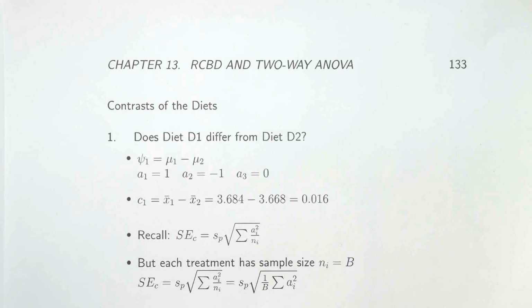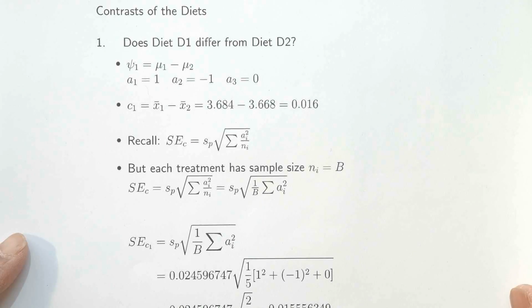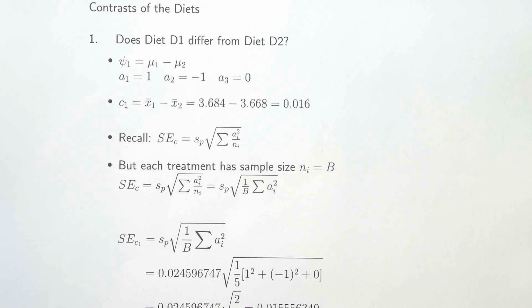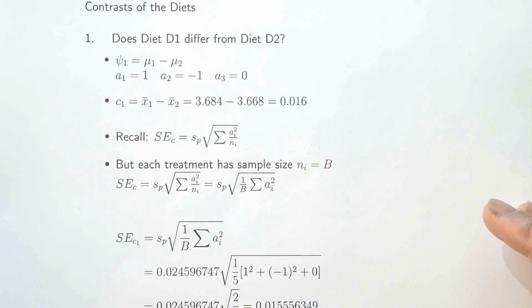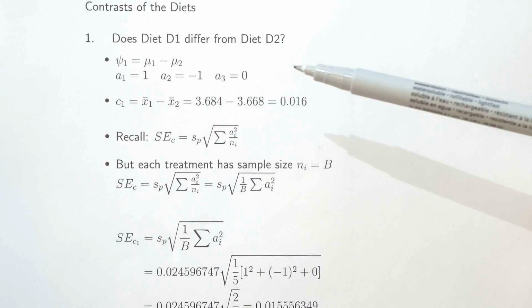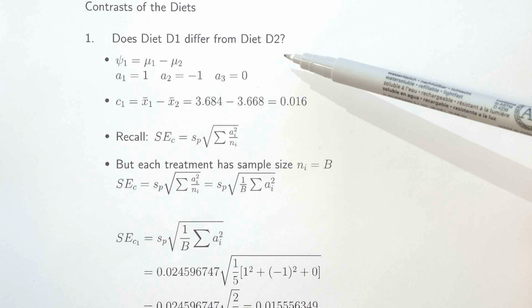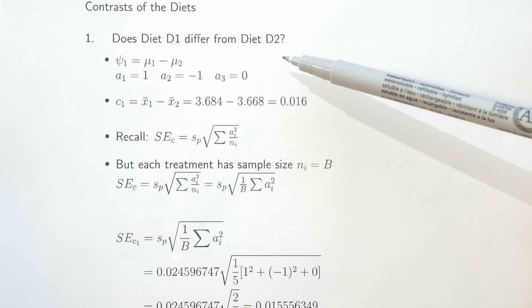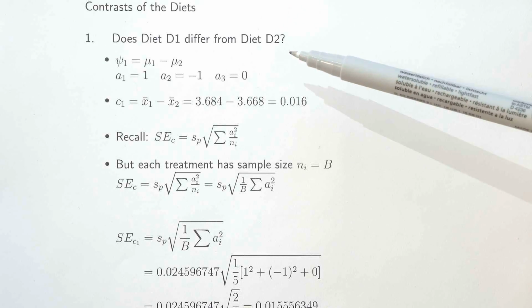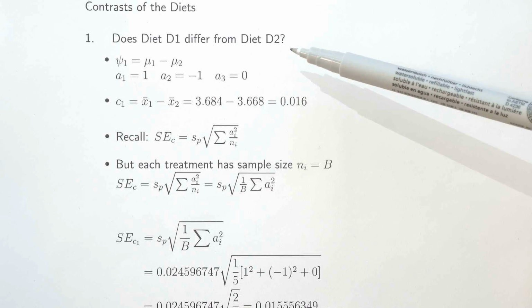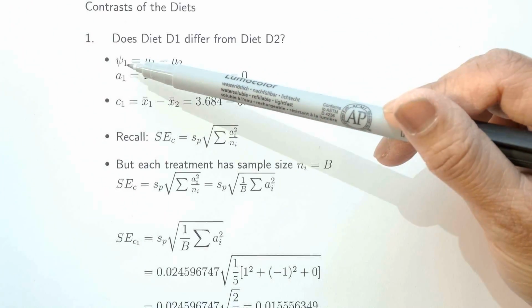So here we have a couple of questions that we're going to work through, and then looking at what the contrasts involved with them are, how we build confidence intervals and conduct hypothesis tests. So the first contrast involves comparing diet 1 to diet 2. Remember, these were the 2 new diets, and we just want to know, is one of the new diets better than the other? So the contrast of interest is psi 1.